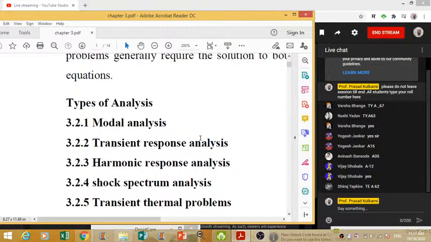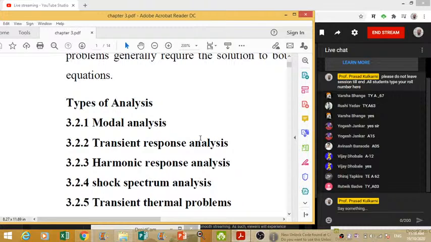So there will be a stress versus strain curve that we have to input in the CAE software. But in case of a linear static analysis, we have to just enter the elastic modulus and Poisson's ratio in the software, and we can go ahead with the static type of analysis.